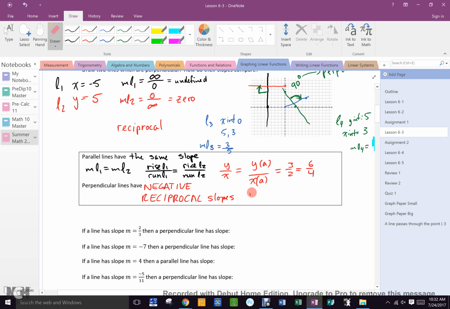One, and I change colors there, the sign changes. So if you have a positive slope, the perpendicular slope will be negative. If you have a negative slope, the perpendicular slope will be positive. The sign changes, and number 2, the rise and the run change.